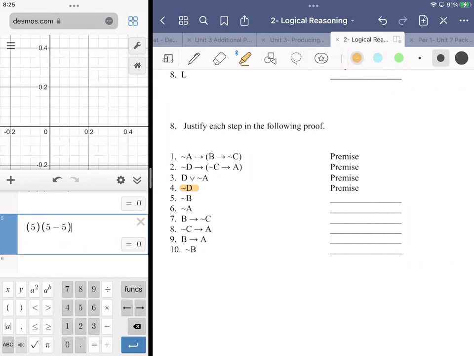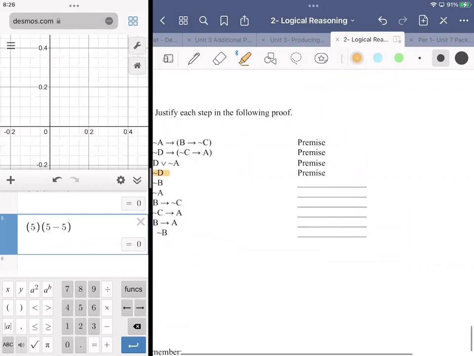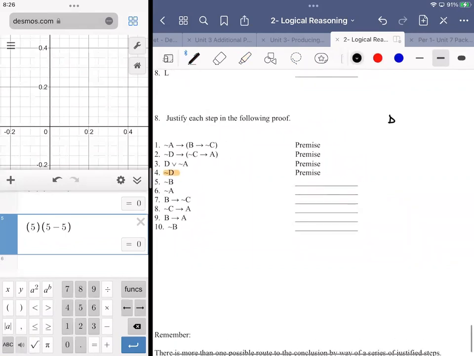So if I take that D or not A and combine that with the not D, I think about what kind of conclusion I can get from that. If I tell you it's this or that, it's not this, so it must be that.